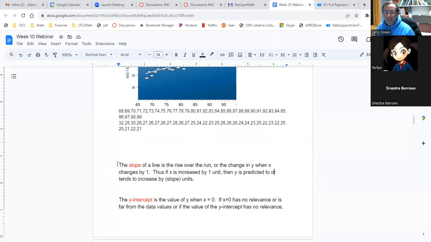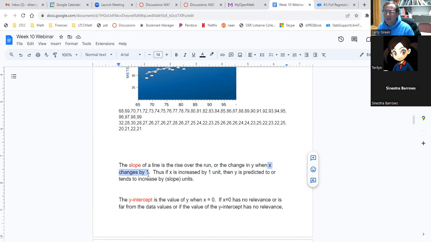Okay, so the slope again is rise over run, from basic algebra. I like to think about it as, how much is y changing when x changes by 1? When you have the slope as a decimal, you can always put it over 1 and have a fraction.